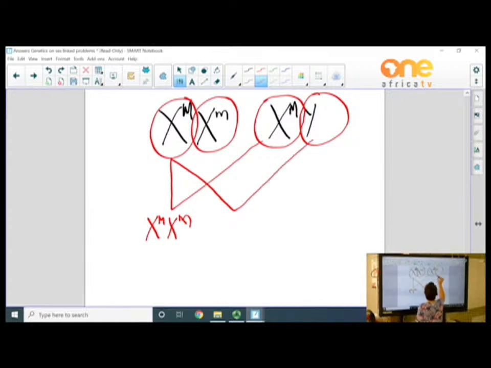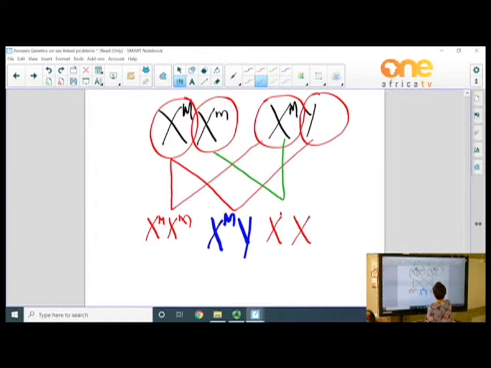This will be a boy, and this boy will be homozygous, it will be normal. Now, here we will have a girl again, 2X, but she will have a capital M, small m.